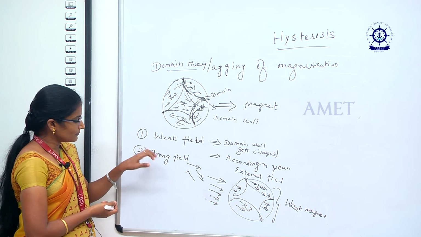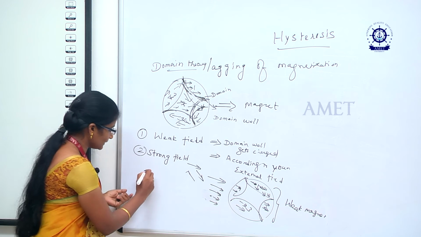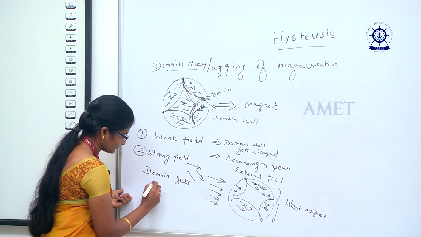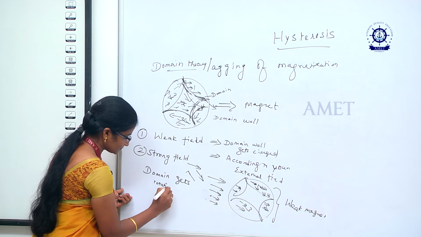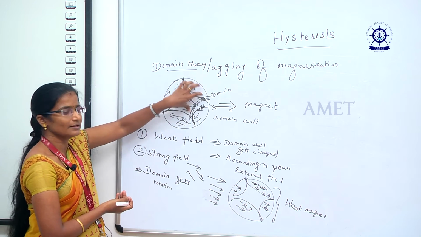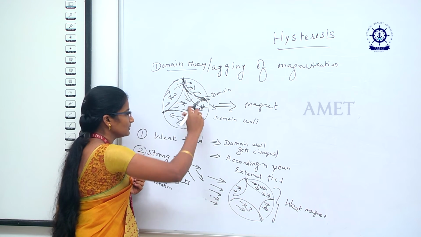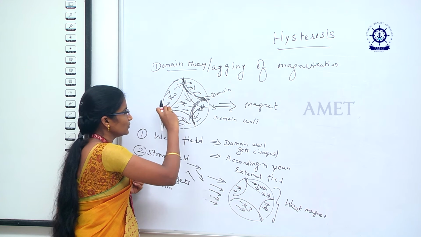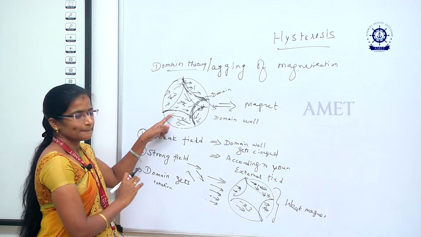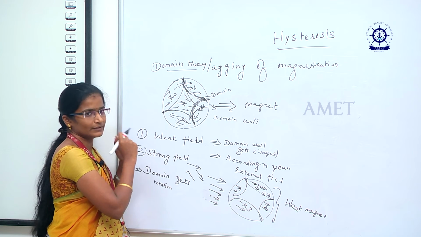In the case of a strong field on this material, what will happen? At that time the domain gets rotation. That means each domain gets rotation. This domain rotates and goes to this place, this domain goes to this place, and this domain goes to this place. Initially the spins in the domain have different directions.